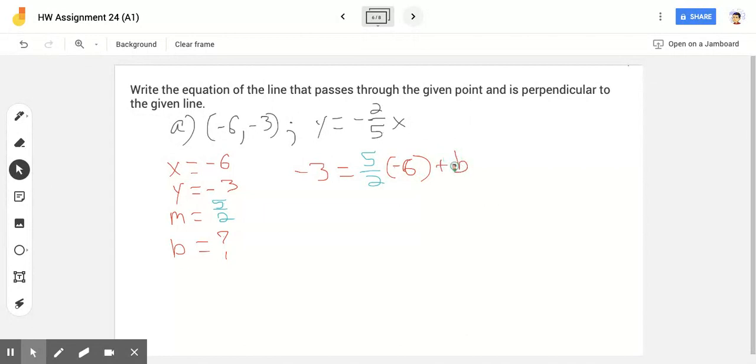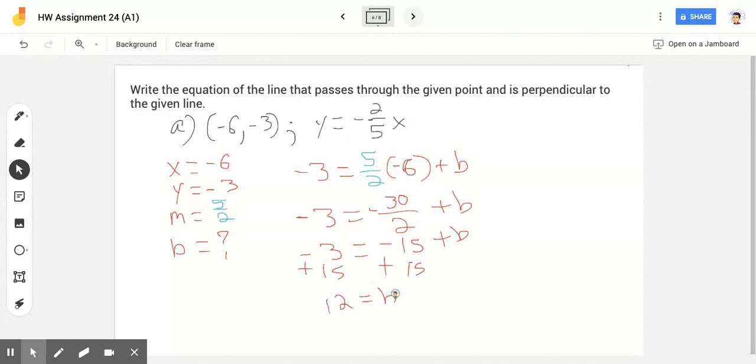I don't know what b is yet. So -3 is equal to -6 times 5/2 is -30/2. I'll simplify that in a moment. Plus b. So -3 is equal to -15 plus b. I'm going to solve for b and add 15 to both sides. 12 is equal to b.